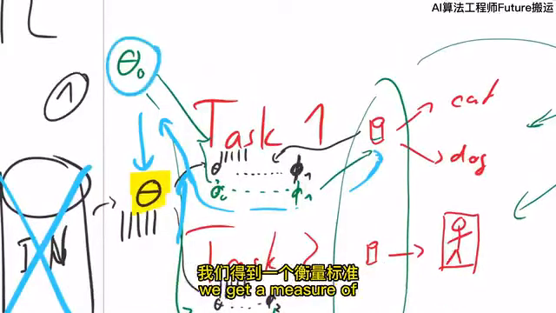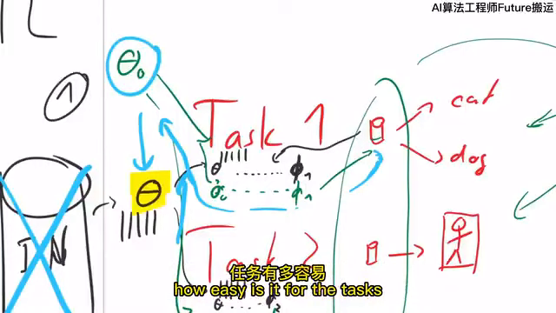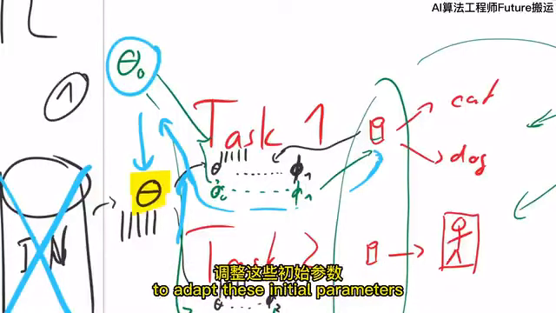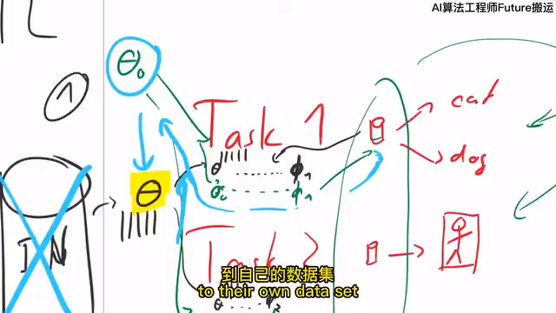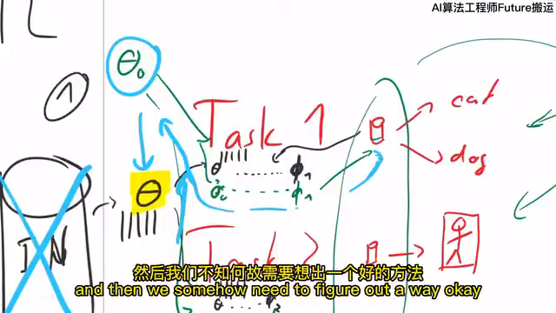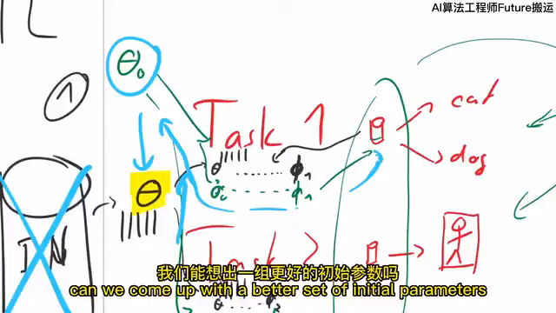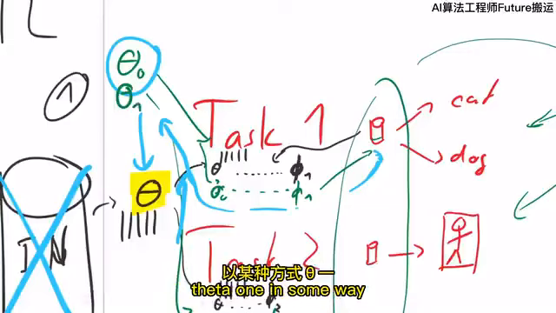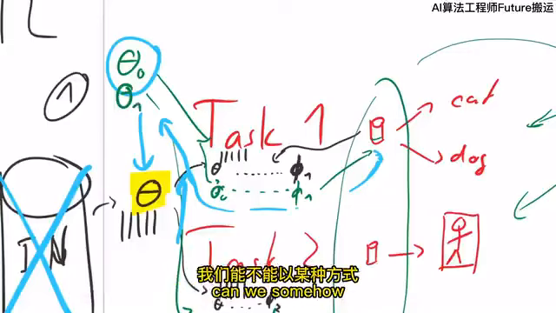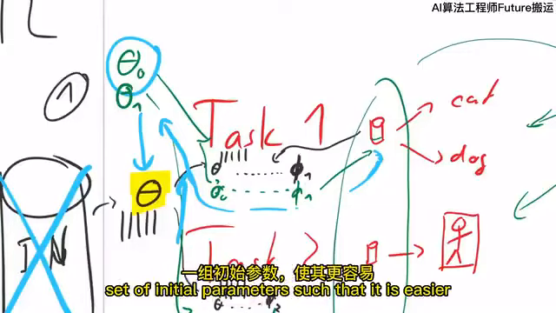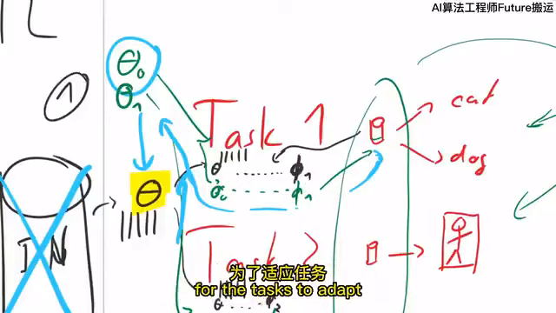We get a measure of how easy it is for the tasks to adapt these initial parameters to their own data set. And then we somehow need to figure out a way, okay, these parameters were on average 81% good. Can we come up with a better set of initial parameters, theta 1? In some way, can we find a better set of initial parameters such that it is easier for the tasks to adapt these initial parameters?